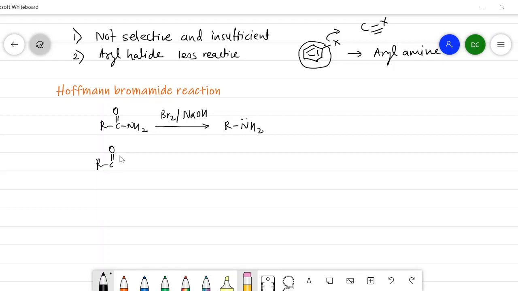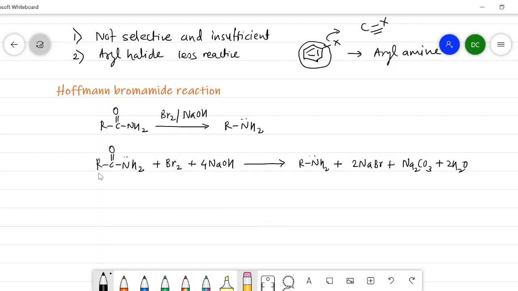Here I will write once again RCONH2, unsubstituted amide, plus Br2 plus 4 NaOH or 4 KOH, you can write. Then RNH2 we get, plus 2 NaBr plus Na2CO3 plus 2 H2O. This is the actual reaction in which there is a conversion of unsubstituted amide into the primary amine.